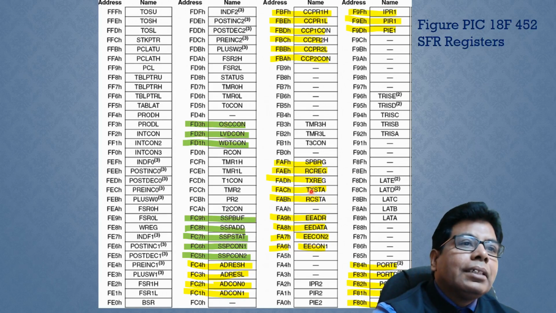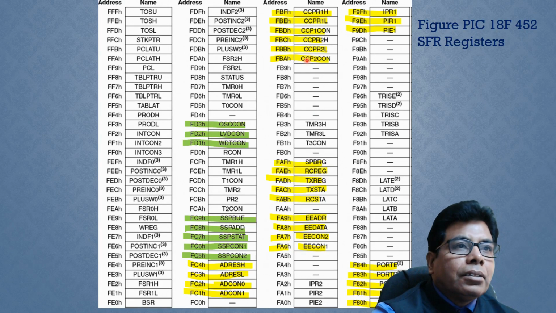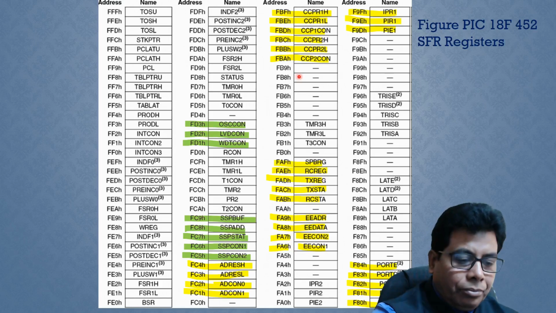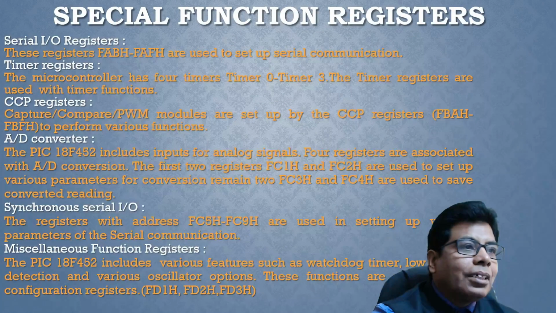Then these are for the serial communication. And then for the CCP, we have got this register. Say capture, compare and PWM. These are the registers for FBA to FBF. You can see the addresses if you want.